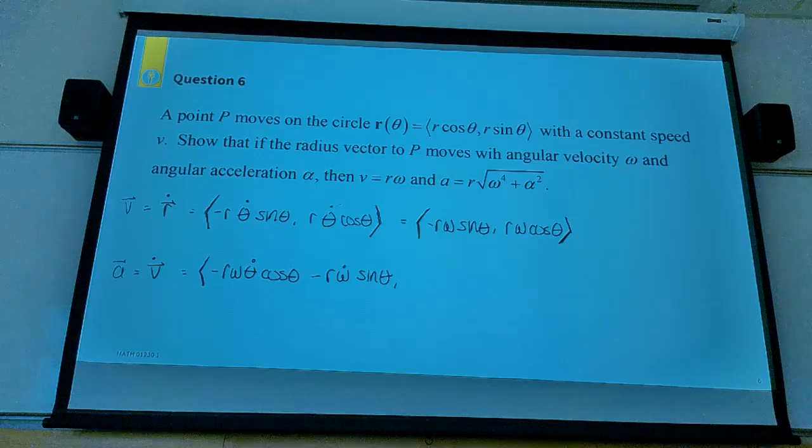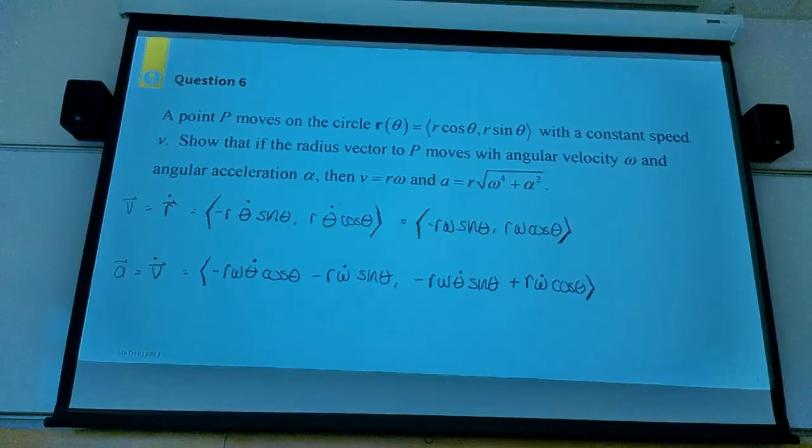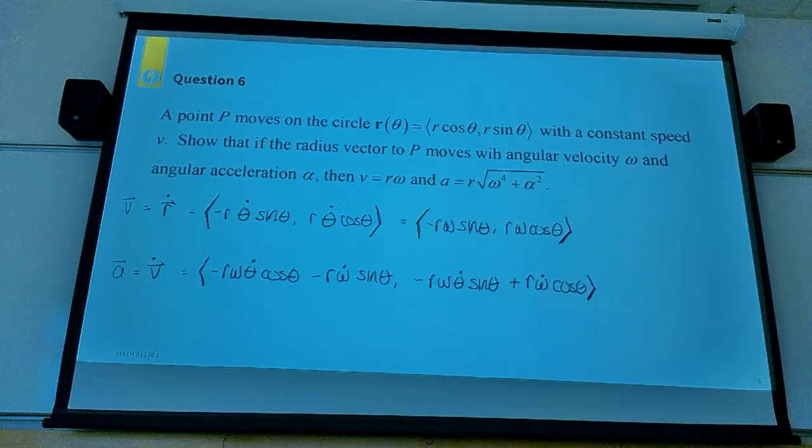And same reasoning. For your second component, it's a product rule.